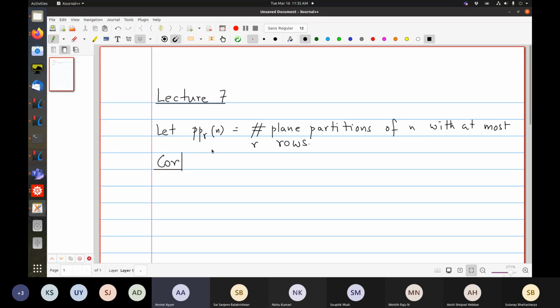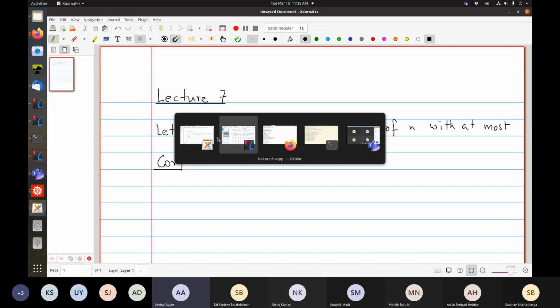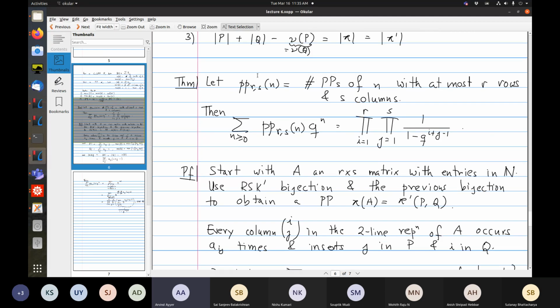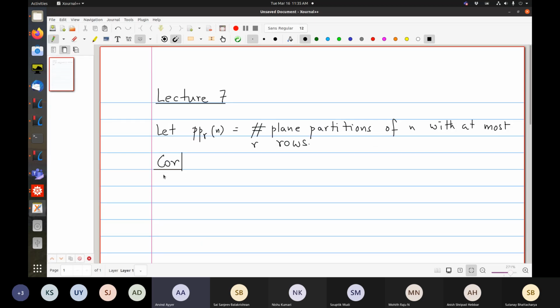So now there is no restriction on s, the number of columns. Remember earlier pp_rs was the number of plane partitions with at most r rows and at most s columns. So here we are going to ease that restriction a little bit. And remember pp of n was the number of plane partitions of n, period, no restriction.